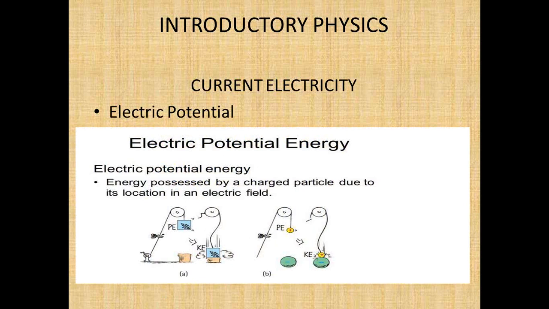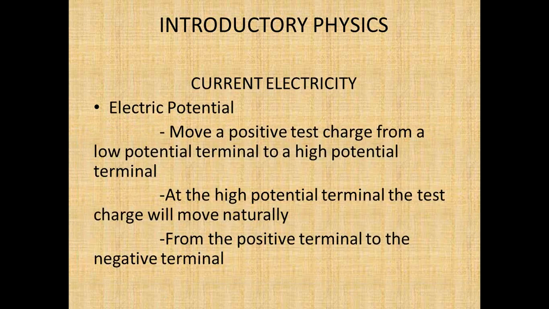The energy possessed by a charged particle is due to its location in the electric field. Okay? So you have to get that concept because it's important to understand current electricity. When we talk about electric potential, electric potential is equal to the potential energy divided by the charge.